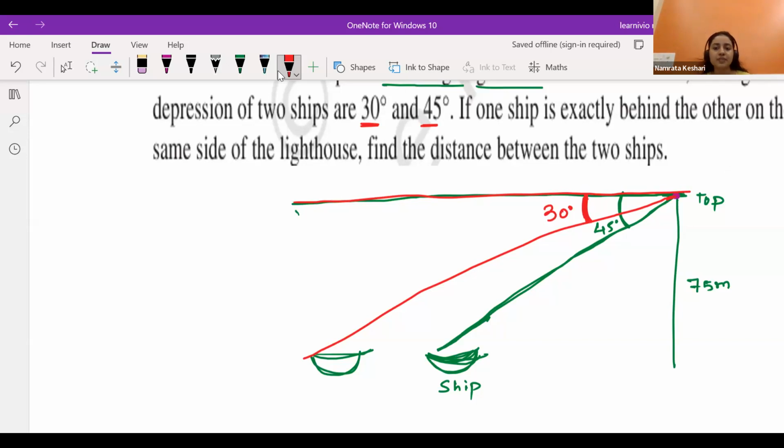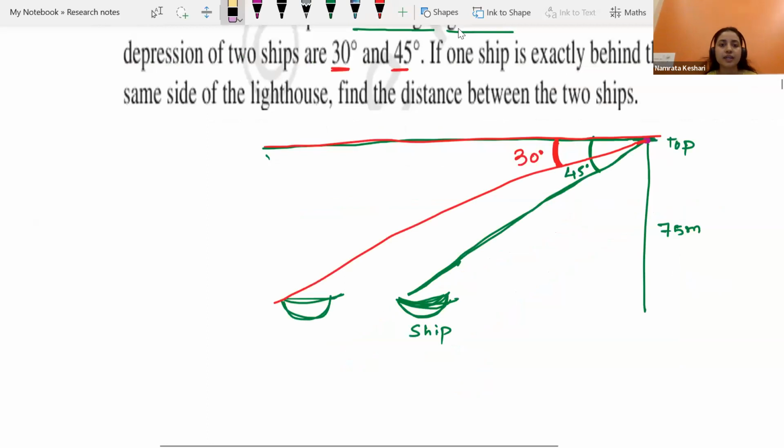So basically, see, with the same horizontal line, two angles we are getting. One of the points is here, another point is here.